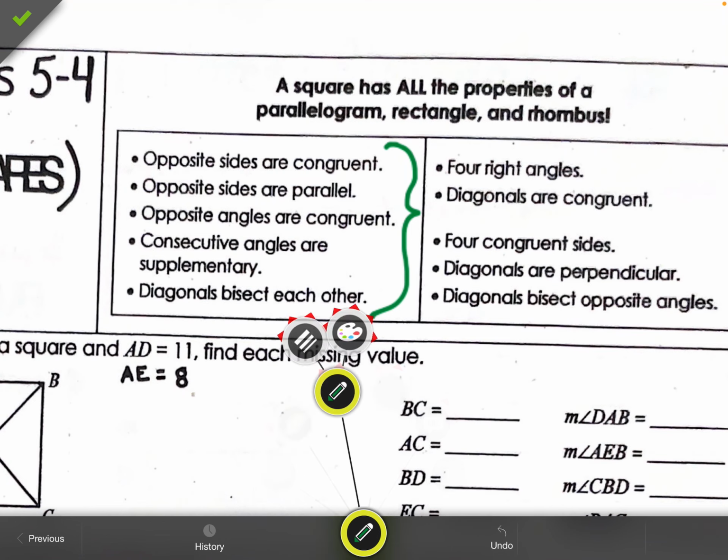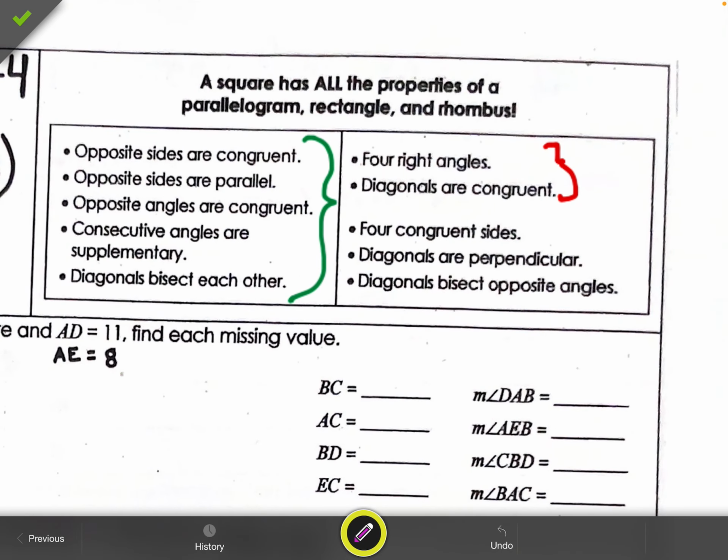It also has the 2 special properties of a rectangle, which are right here. Okay. Has 4 right angles, and your diagonals are congruent. And then you'll see it also has the 3 that we just talked about for a rhombus. 4 congruent sides, diagonals are perpendicular, and diagonals bisect each other.